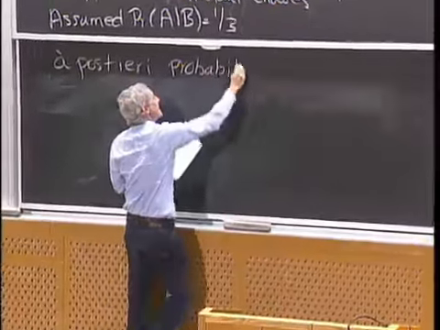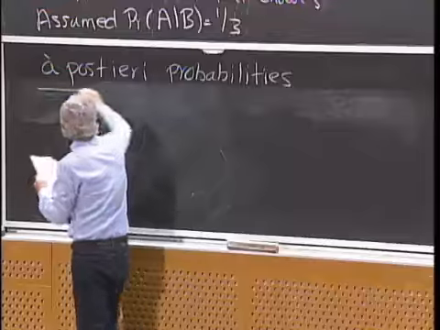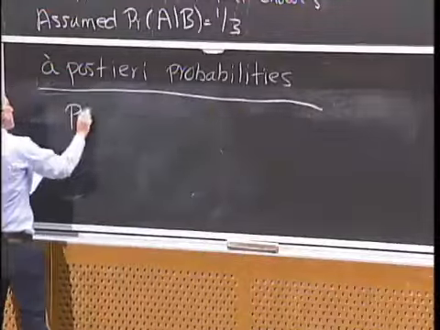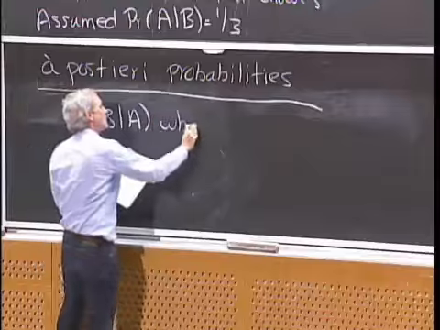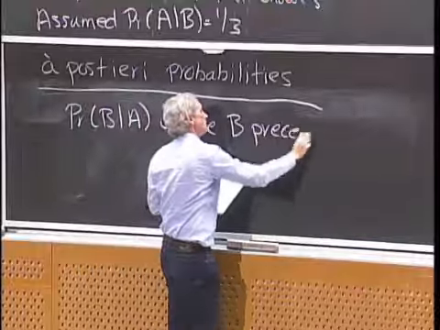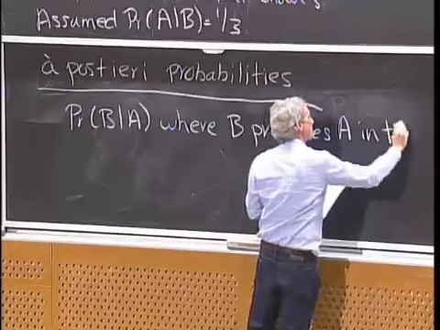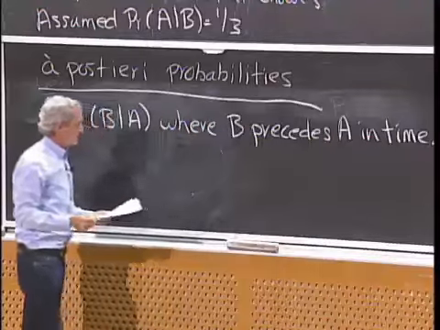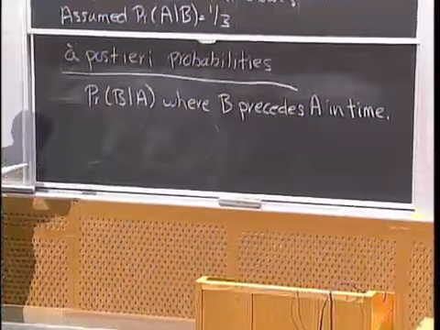It's a fancy name for just saying that things are out of order in time. All right, so it's a probability of B given A where B precedes A in time. All right? So it's the same math, it's just they're out of order.